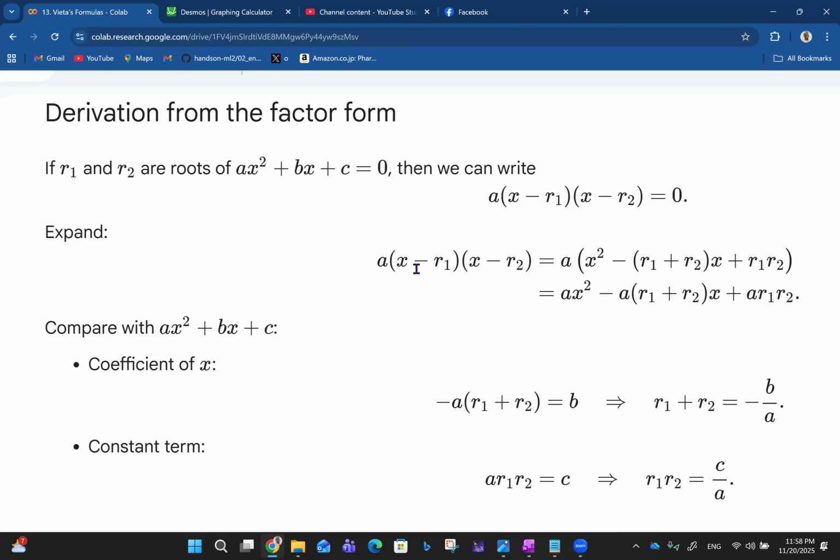We have x times x, which is x squared, then x times minus r2, that's minus r2 x. Then minus r1. I guess I need to take it to the worksheet now, so we can really drive that home.